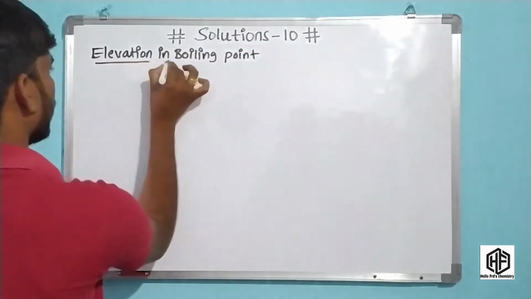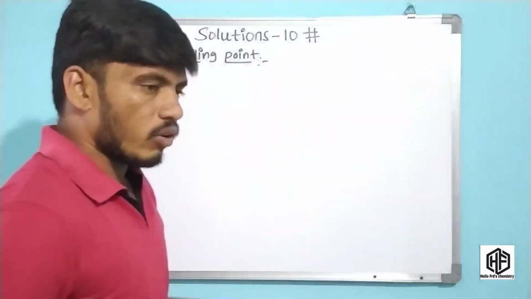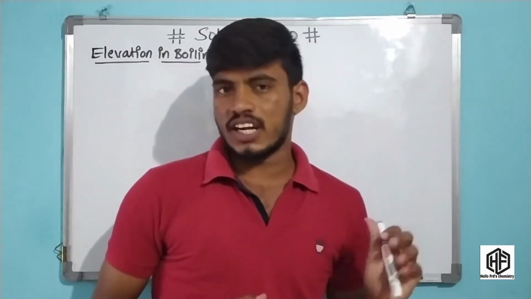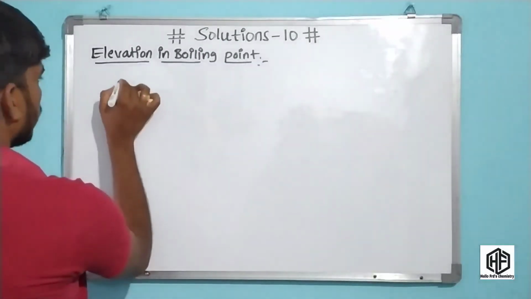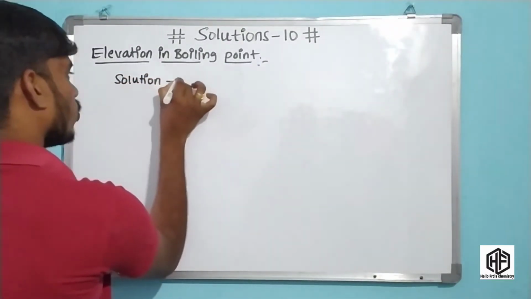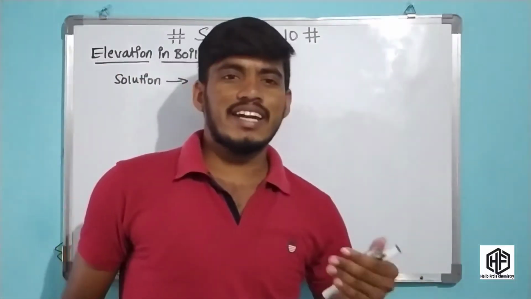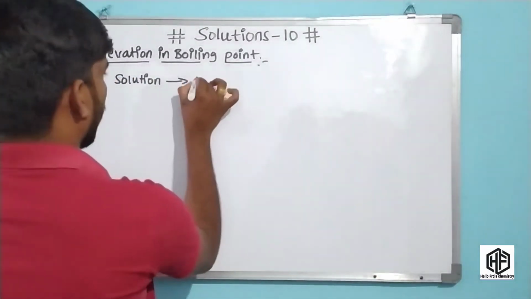First of all, you have to consider a solution. In the relative lowering of vapor pressure concept, what happened, friends? Consider a solution in which a non-volatile substance is present, it means a non-volatile solute.